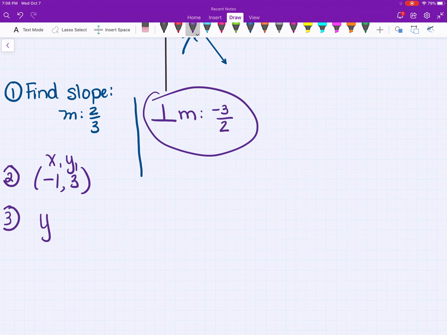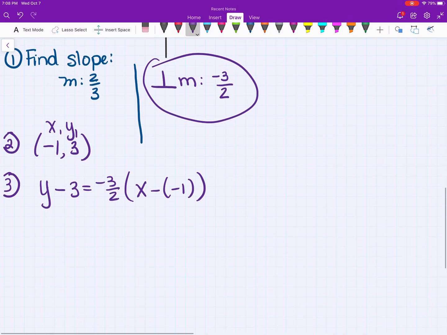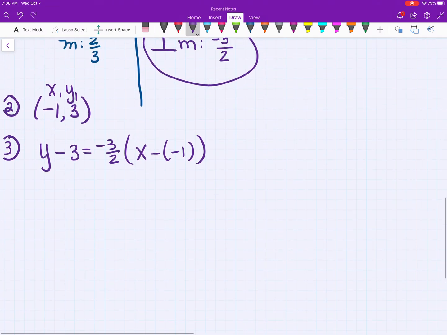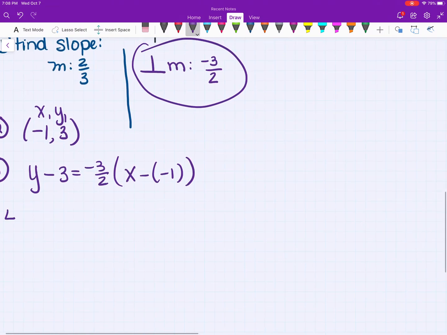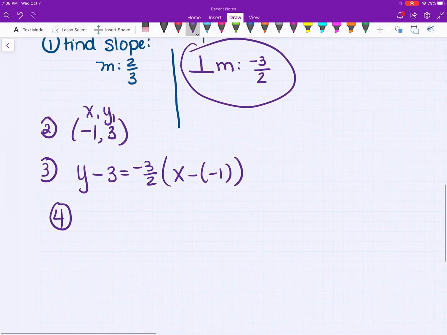So y minus 3 equals -3/2 times x minus -1. Now again, if I don't tell you to put it into y equals mx plus b or slope-intercept form, then you can leave it in point-slope form. But for this one, let's go through and get to slope-intercept form, okay?